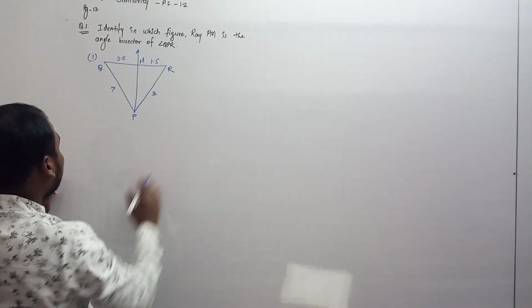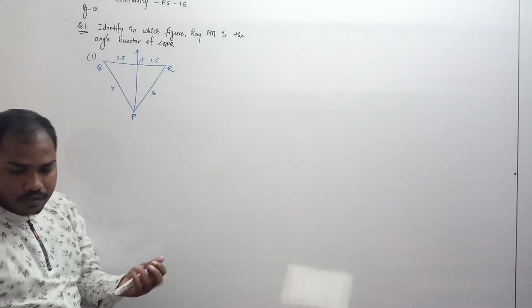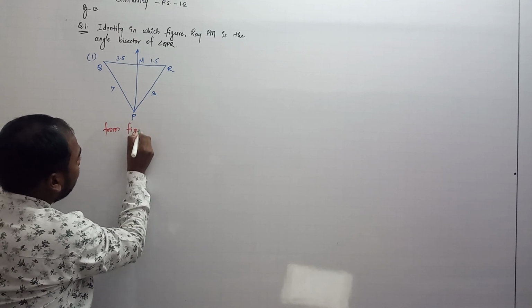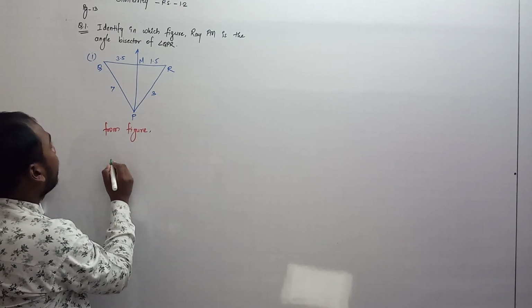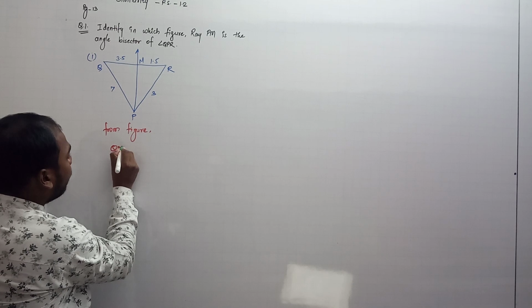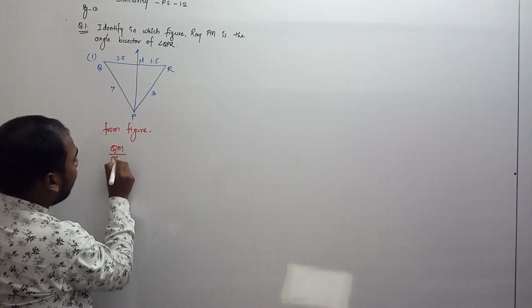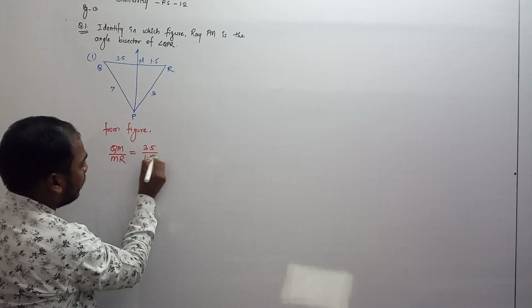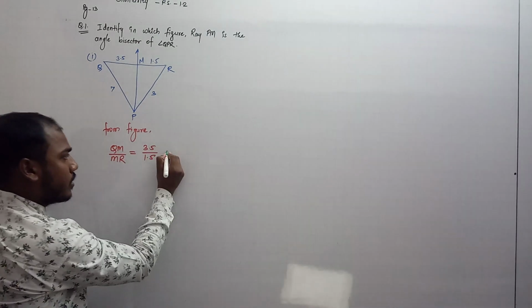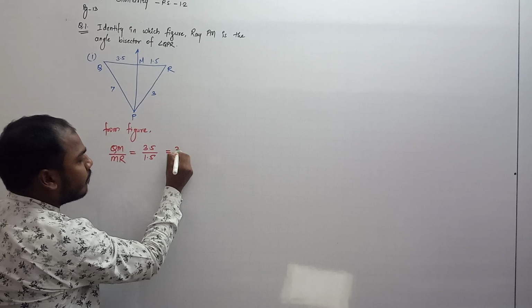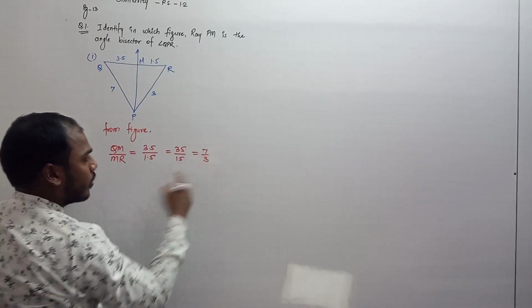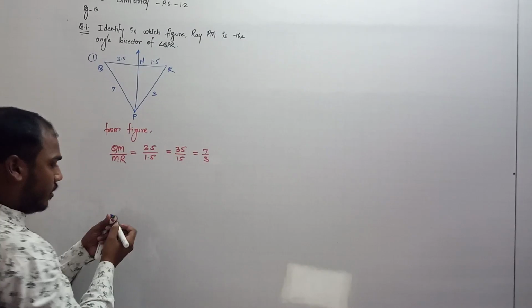So to solve this one, we will write from the figure: QM divided by MR can be written as 3.5 divided by 1.5. This is nothing but 35 divided by 15, which is 7 by 3, because we can divide 35 and 15 by 5.